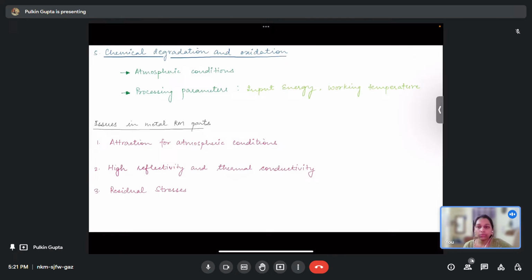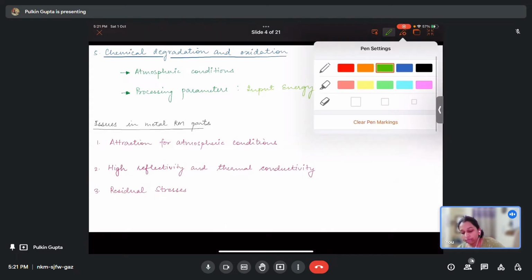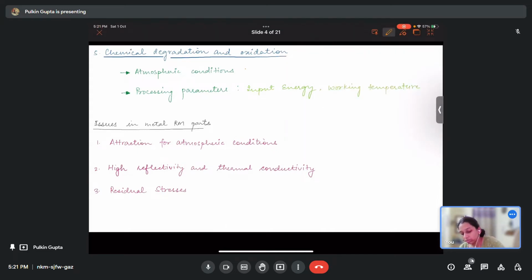Now, the last of the defects is chemical degradation and oxidation. It is dependent on the atmospheric conditions, because in high temperature processes there are chances of oxidation, or some elements have a higher affinity towards oxygen, like magnesium has a highly exothermic reaction with oxygen. So it needs to be processed in the absence of oxygen.